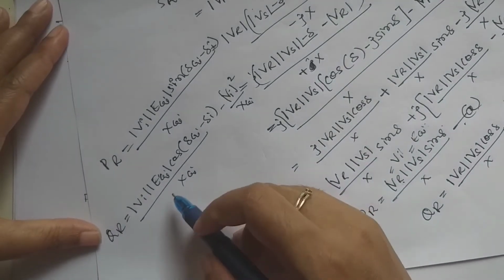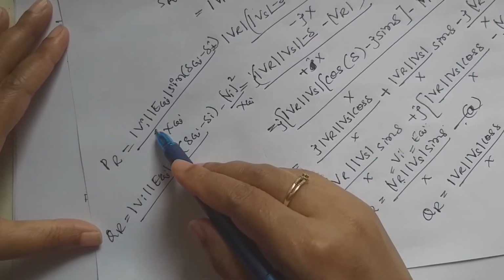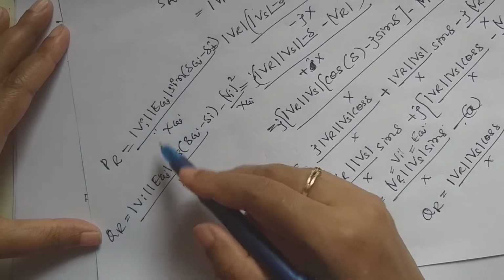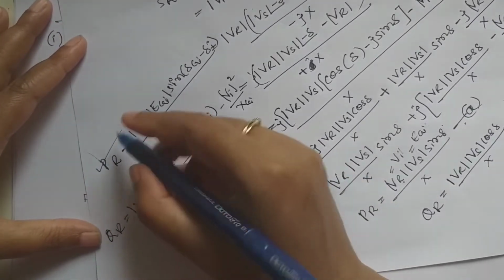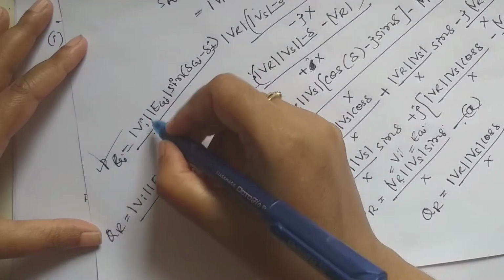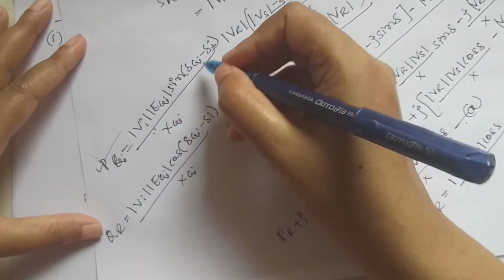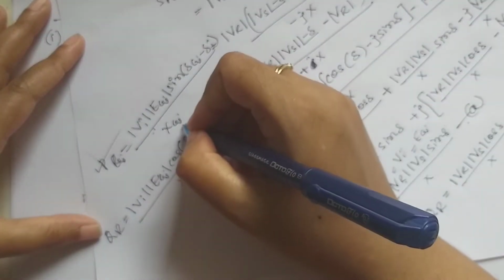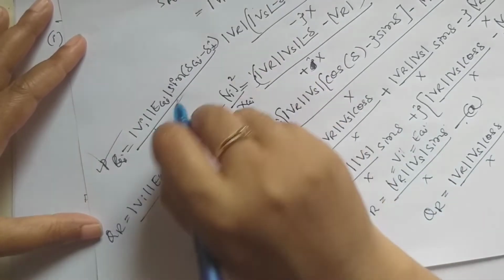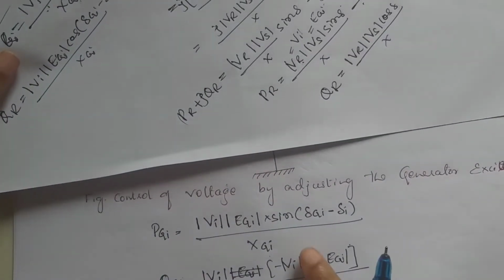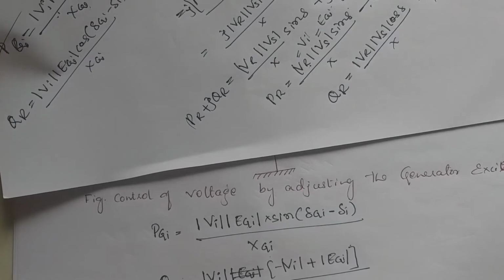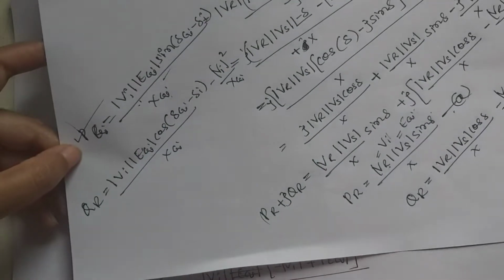In the first equation we got the same equation, PGI is equal to Vi EGI sin(delta GI minus delta I) divided by XGI, same equation we got here. How do we get QGI? We'll see.